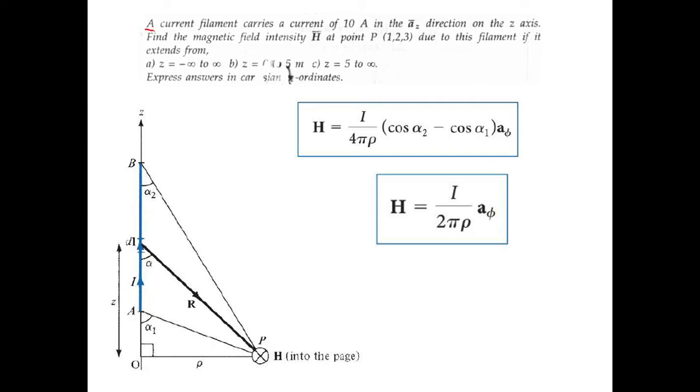So here a current filament carries a current of 10 amperes in AZ direction on the Z axis.